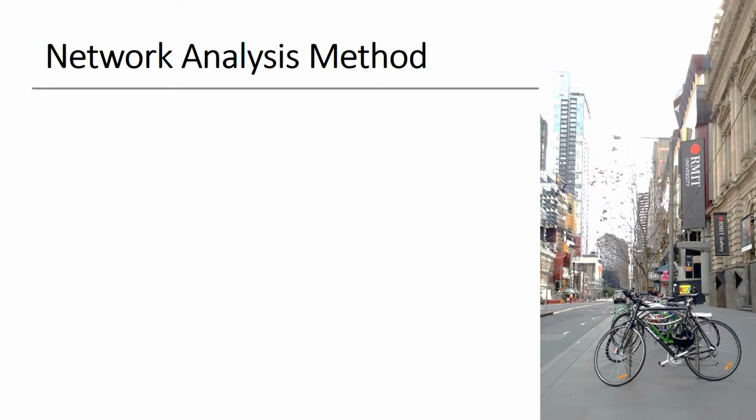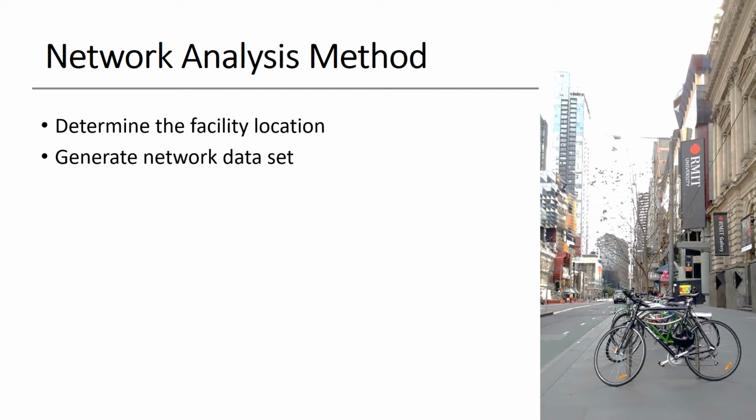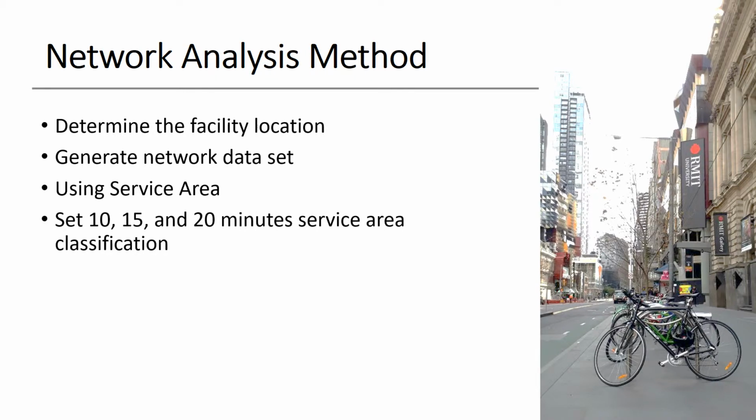If I can make a summary of the network analysis method that was implemented in developing the RMIT accessibility map, there are 4 main steps. Determine the facility location, generate network dataset using service area method, and classify the area based on travel time. In this project, the travel time classification is divided into 3 zones: 10, 15, and 20 minutes.